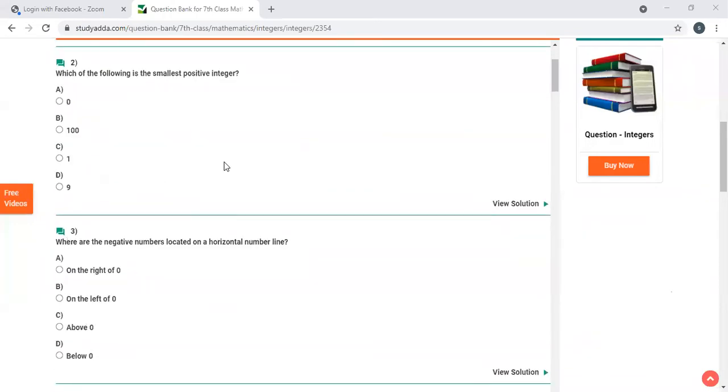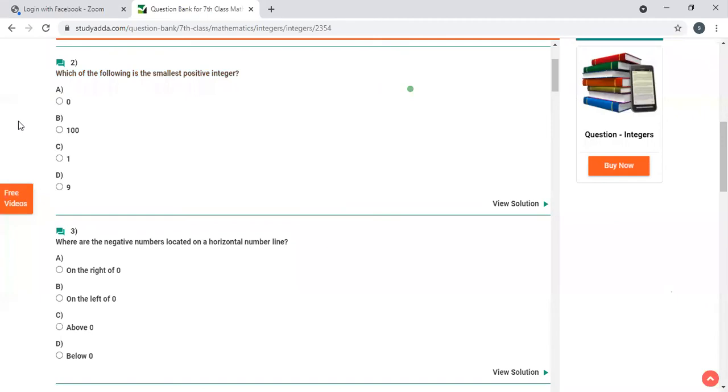Next is, which of the following is the smallest positive integer? Smallest positive integer out of these. Yes, Jasleen? 1. Yes, because 0 is neither positive nor negative.